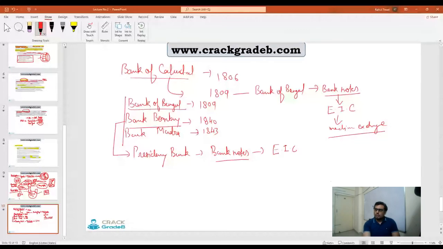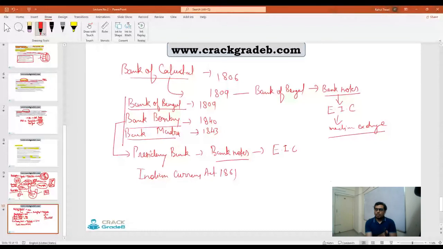So the government wanted uniformity, and to implement that uniformity, one very important act was passed by the British government, known as the Indian Currency Act of 1861.